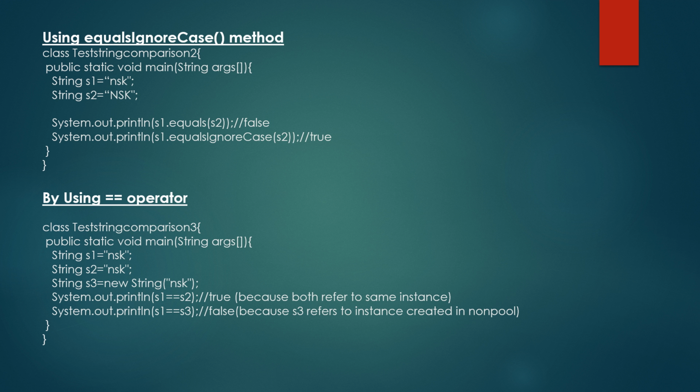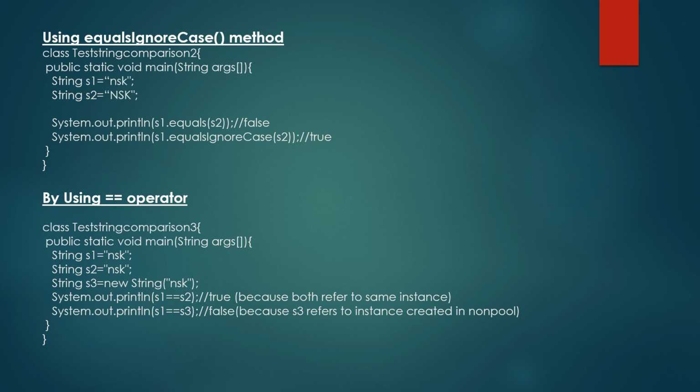When I do the reference comparison, s1 double equal to s2 will return the value as true, because when I create the object using string literal s1 is equal to NSK, NSK will be created in the string constant pool, and for s2, NSK has already been created by s1, so s2 just will point to the existing NSK content.